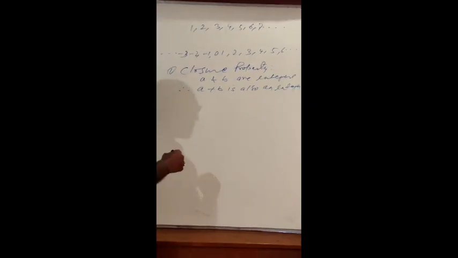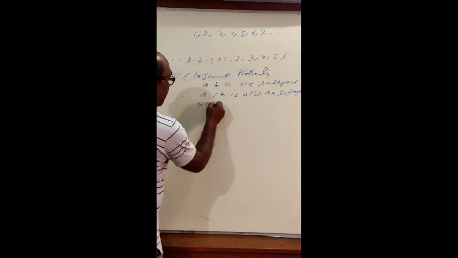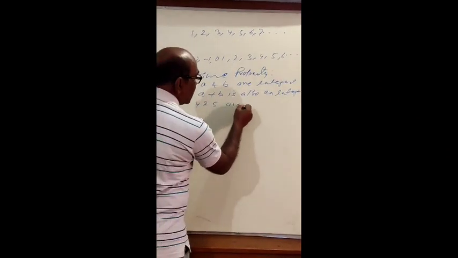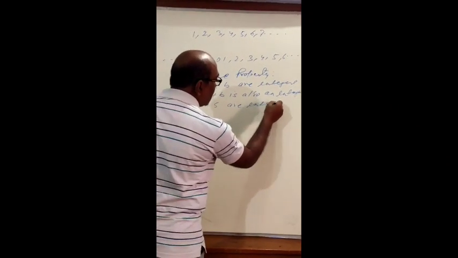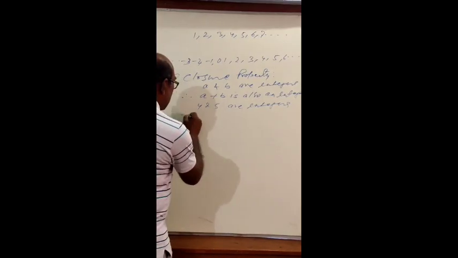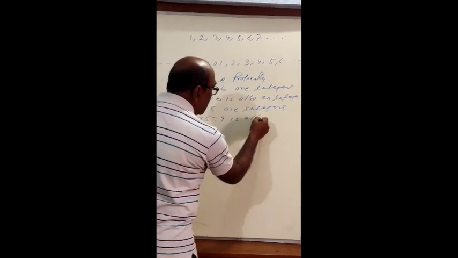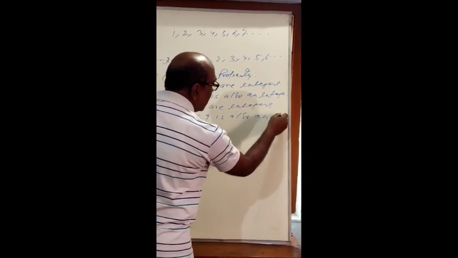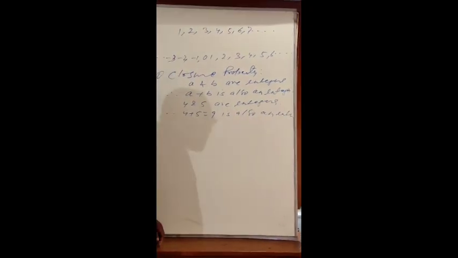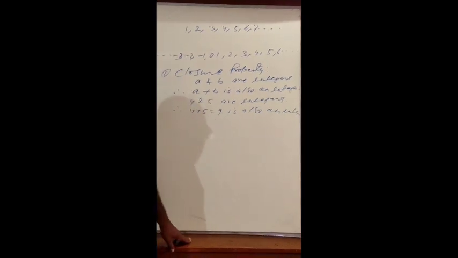For example, 4 and 5 are integers, therefore 4 plus 5, which is 9, is also an integer. This is the closure property.